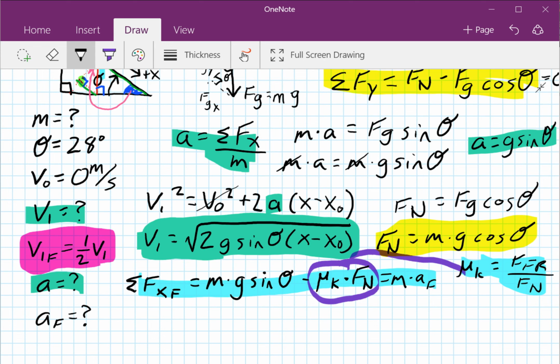So going forward, we need to be able to explain the acceleration with friction. So let's go ahead and isolate for that.